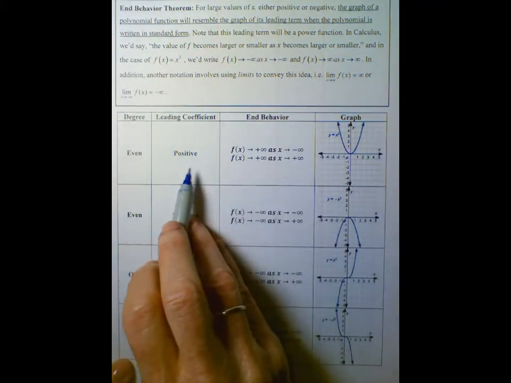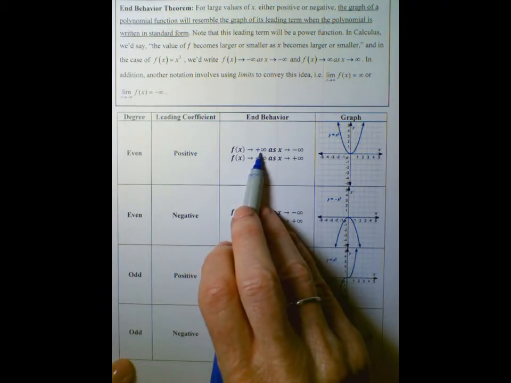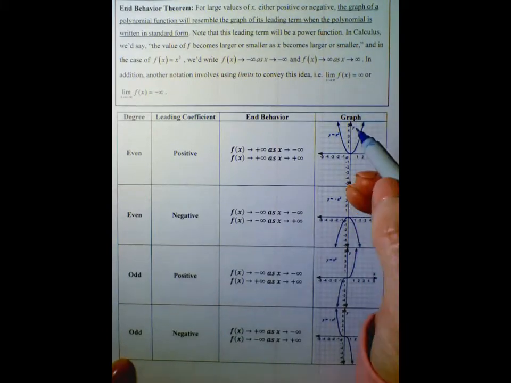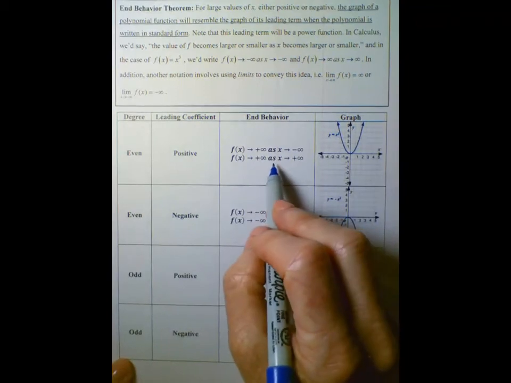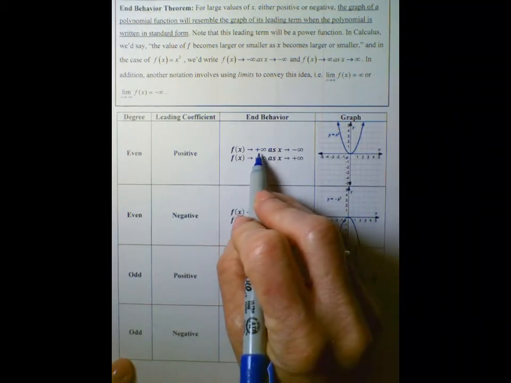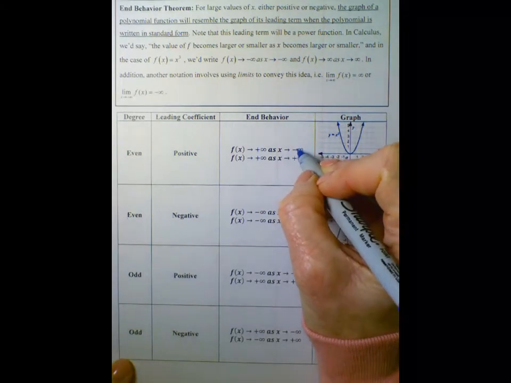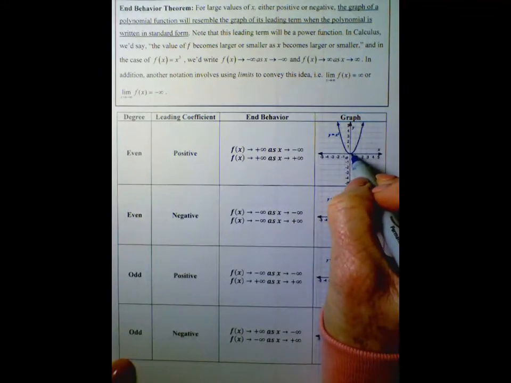So if it's positive, then y will go to positive infinity as x goes to... wait a minute, I think there's a typo here. f of x goes to positive infinity as x goes to positive infinity. And then, as we can see here, let's see.